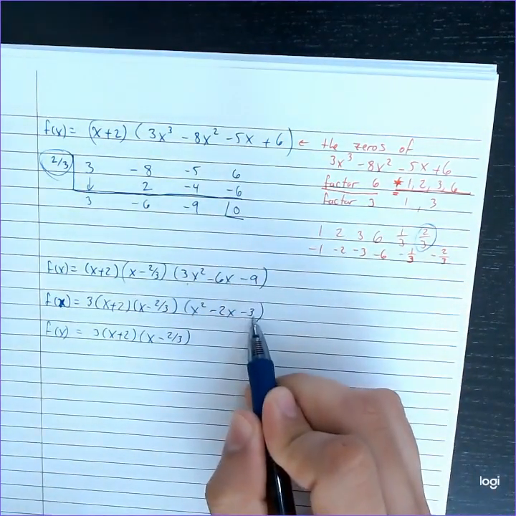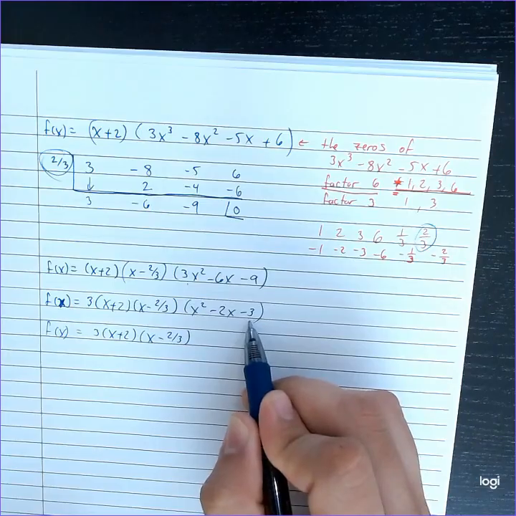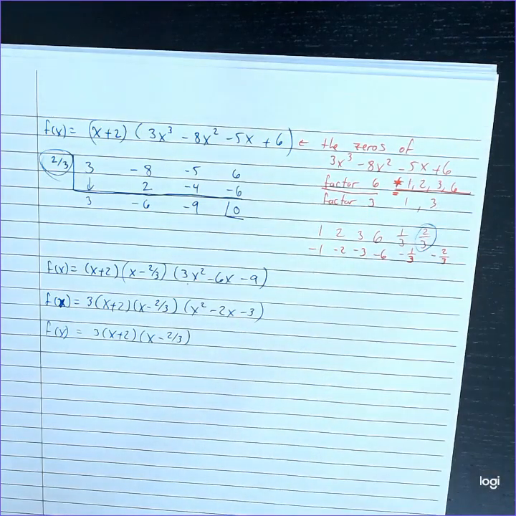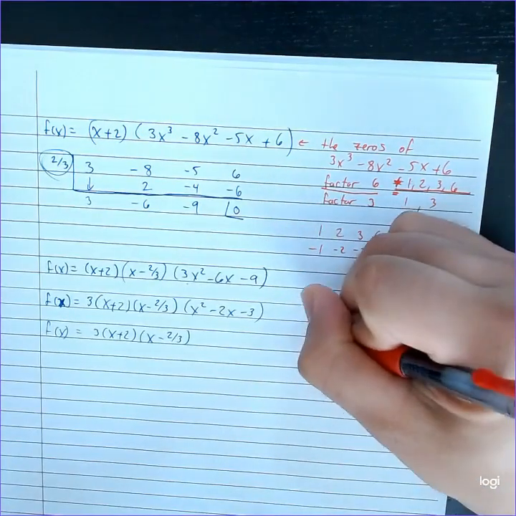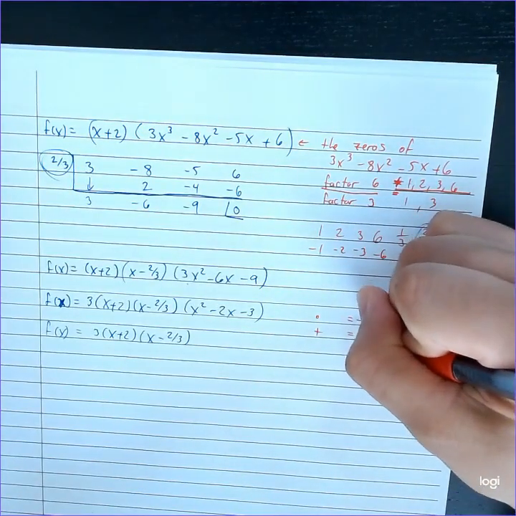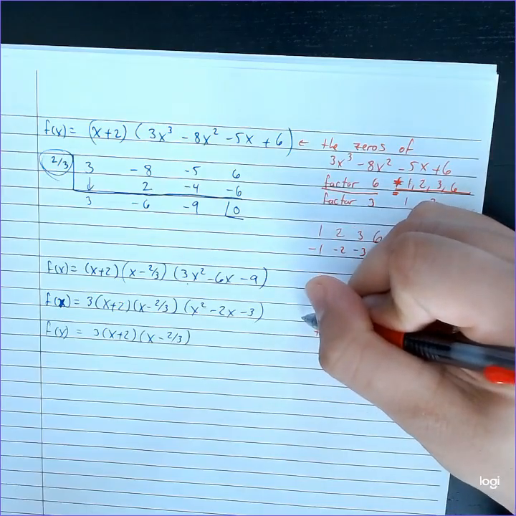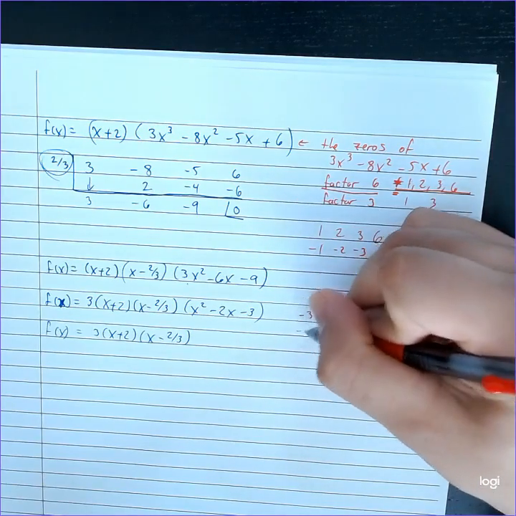The two numbers that multiply to give me negative 3 and add up to give me negative 2, that's going to be negative 3 and positive 1.